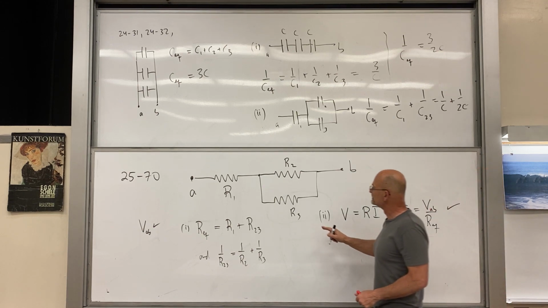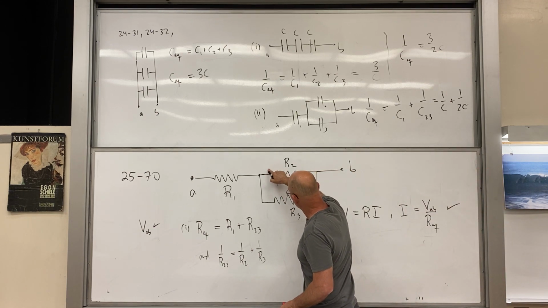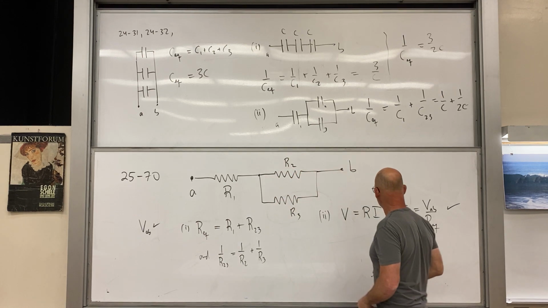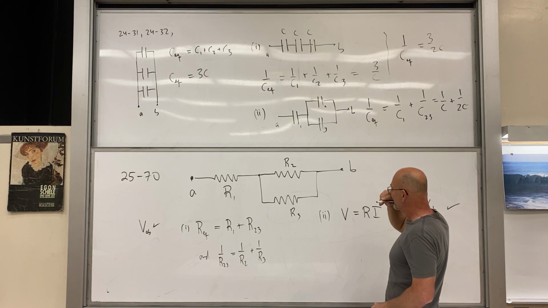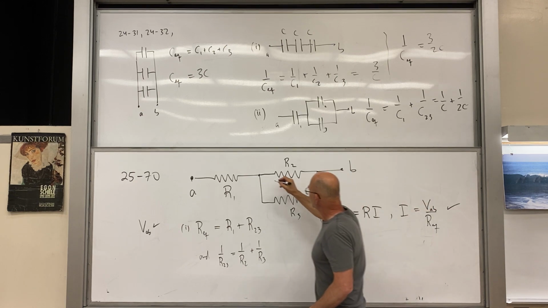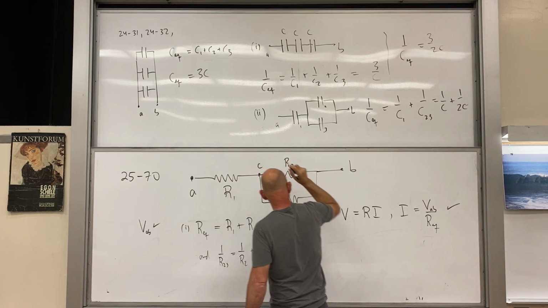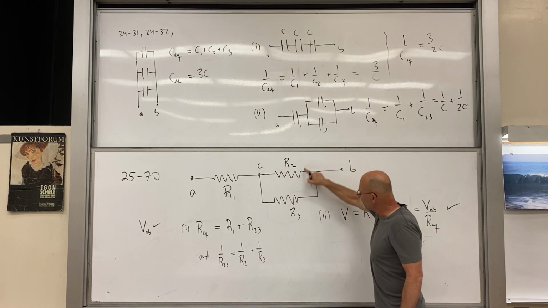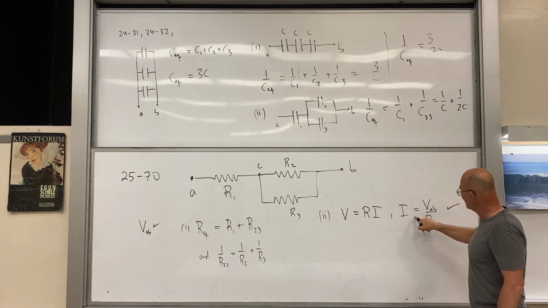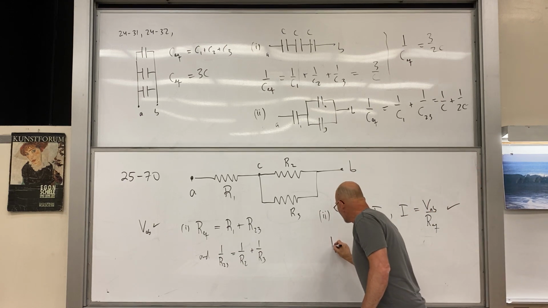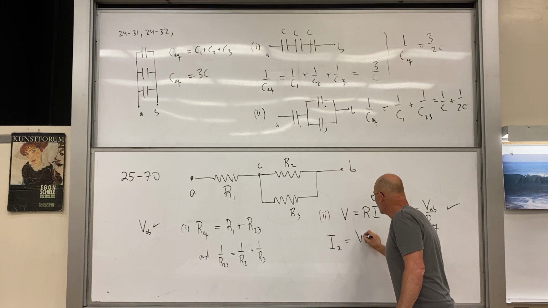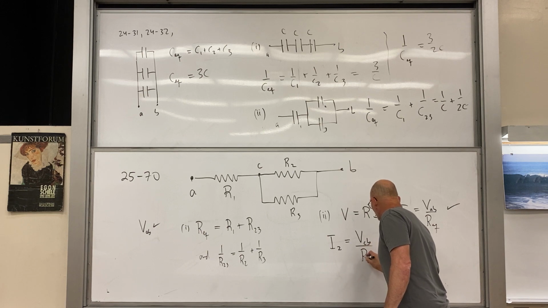But what about the current through these individuals? Well, these two are in parallel, so I call that point C. So I through R sub 2 and I through R sub 3 would be found here as well, except for the following. So I sub 2 would be V sub CB over R sub 2.